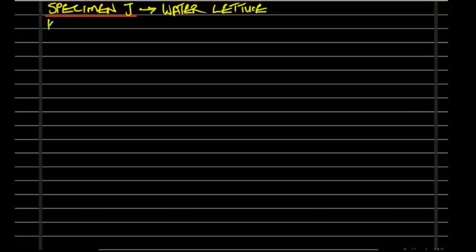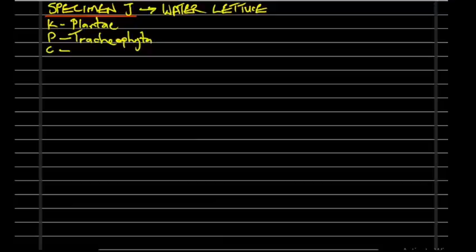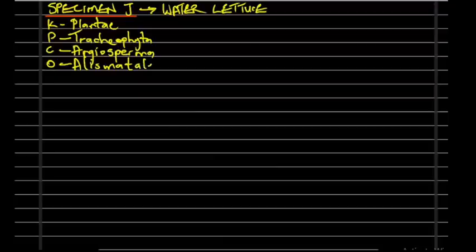So the classification now, kingdom, it is also Plantae. The phylum, it is also a tracheophyte, so Tracheophyta. The class now, it is an angiosperm. We have the order to be the Alismatales.